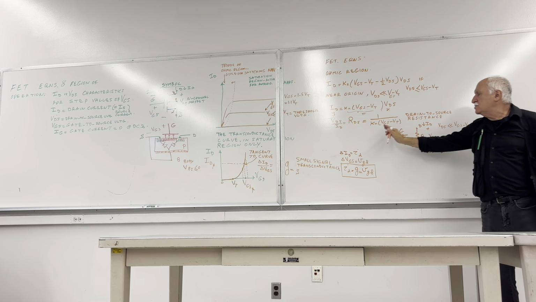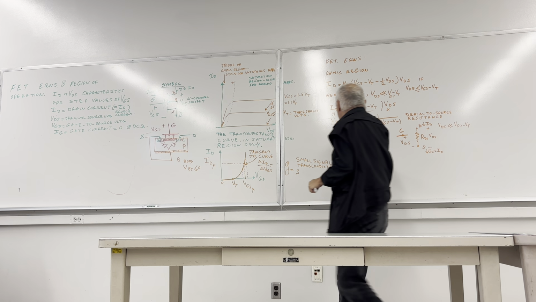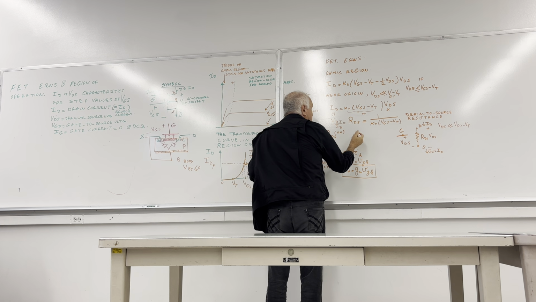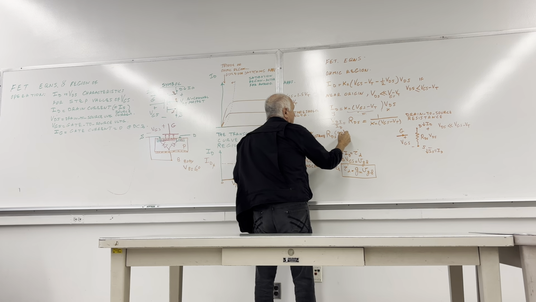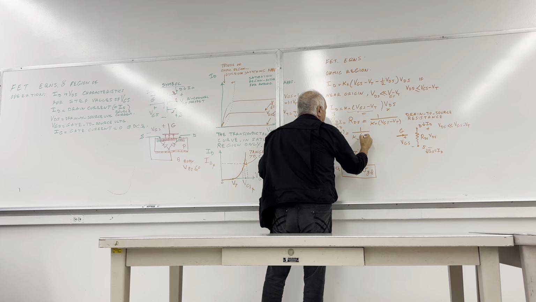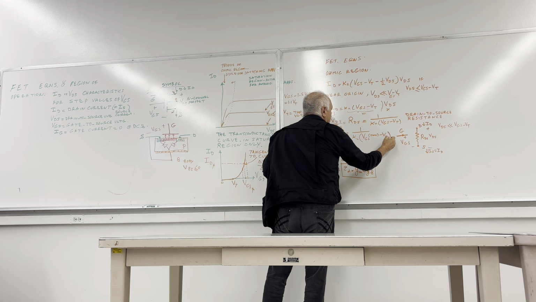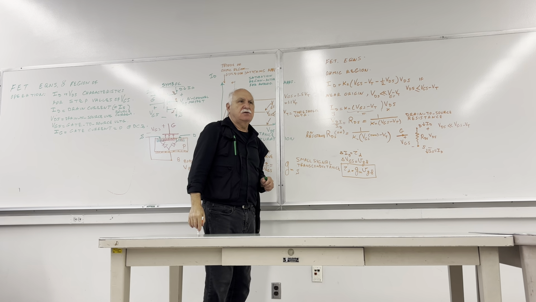Okay? So what is then RDS on? RDS on, known as on resistance, is equal to 1 over Kn times (VGS max minus VT). The VGS max is often referred to as VGS on.